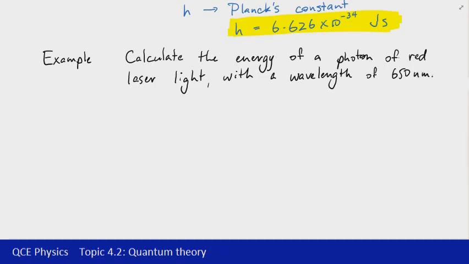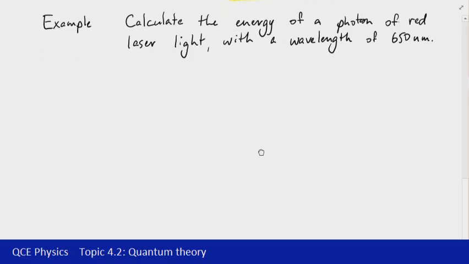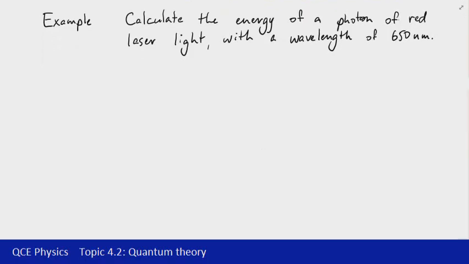So the first thing here, note that we've got the wavelength, not the frequency of that photon. So we need to go back to the wave equation. v = fλ is the equation we need to refer to. But here we're dealing with electromagnetic waves, and so the speed is actually going to be the speed of light, c. So that's going to be c = fλ.